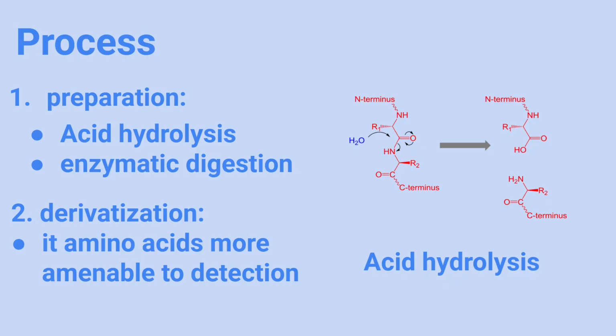This tagging or modification helps scientists study and measure the molecules more effectively. In simple terms, it's like putting colorful stickers on things you want to find easily in a busy room. Derivatization helps scientists see and understand molecules better, making their characteristics more apparent and easier to analyze.